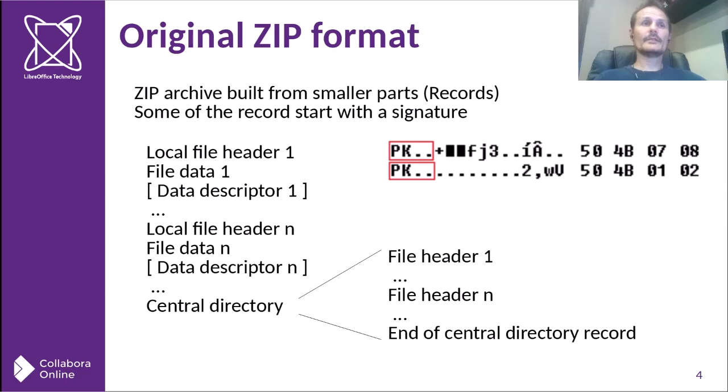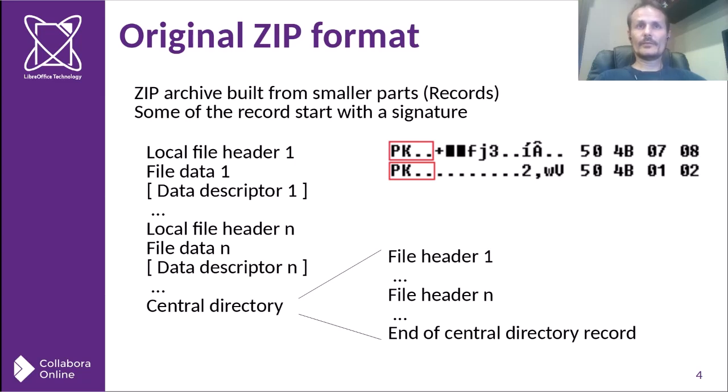After that we can seek back to the beginning of the central directory and read the whole central directory, where there is other information about the files. The file headers have information about those files, where they start in the zip archive.